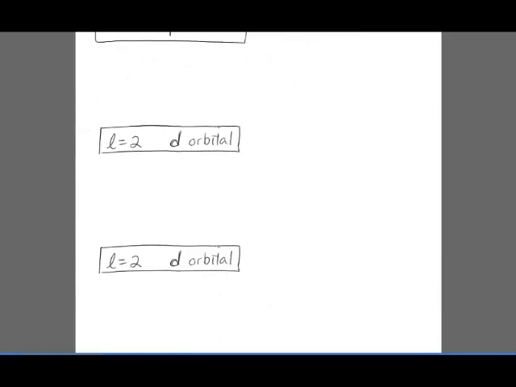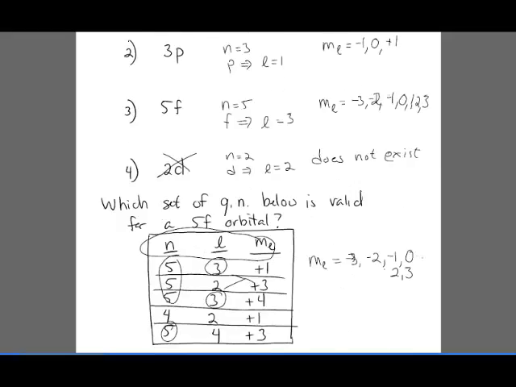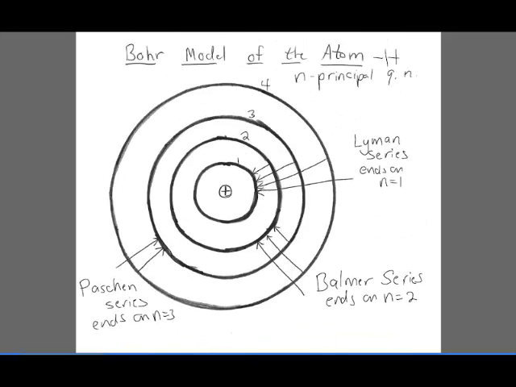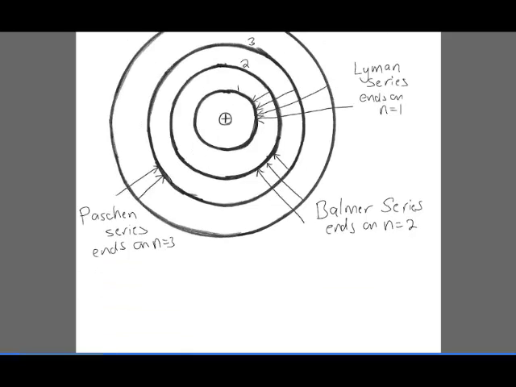Let's go back to where we were. The hydrogen atom normally has its electron in an n equals 1 state, and we call that the ground state. The ground state is the most stable, the lowest energy state, the closest in, n equals 1.